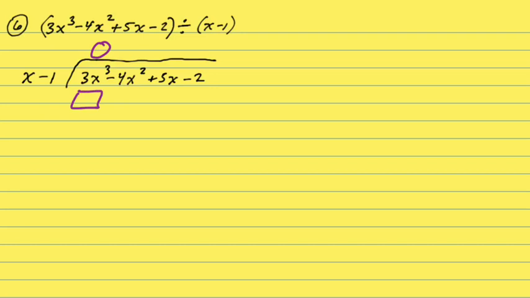Well, it'd be a 3x squared. 3x squared times x is 3x to the third. 3x squared times negative 1 is a negative 3x squared.